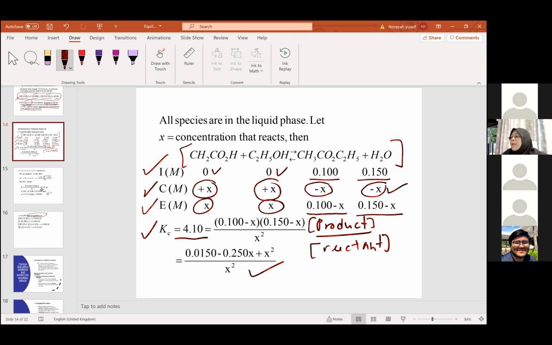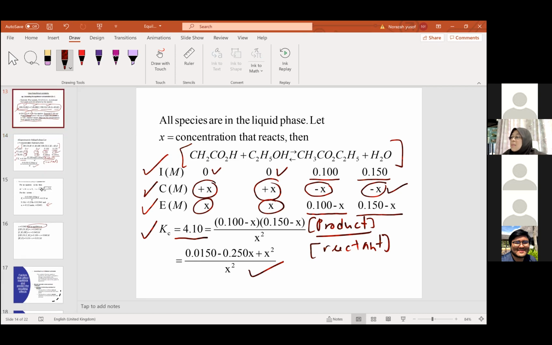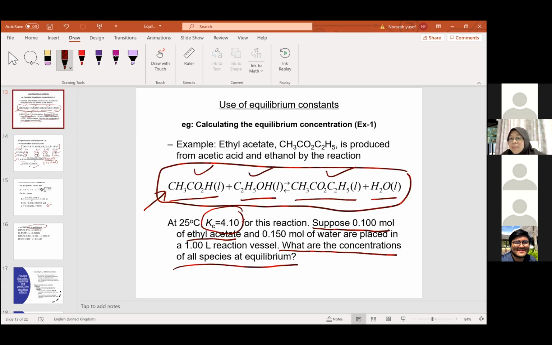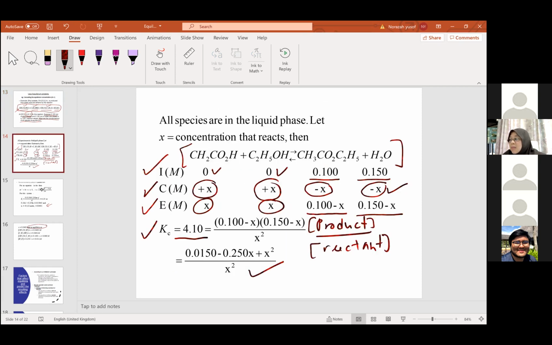And remember that it is not always a single X. If the stoichiometric coefficient is not 1, then make sure that you also have the coefficient here, for example, 2 or 3.